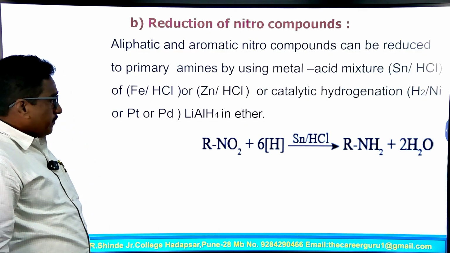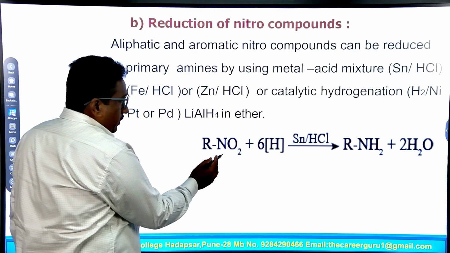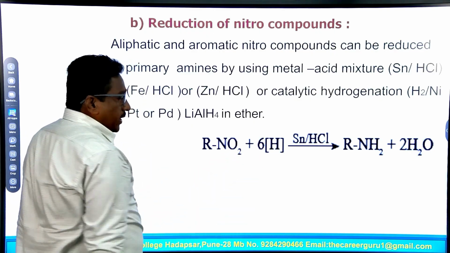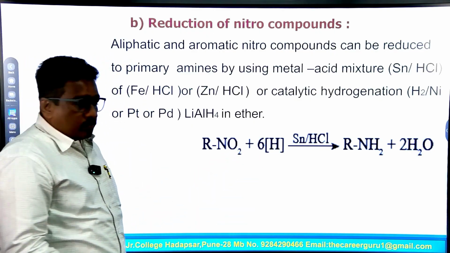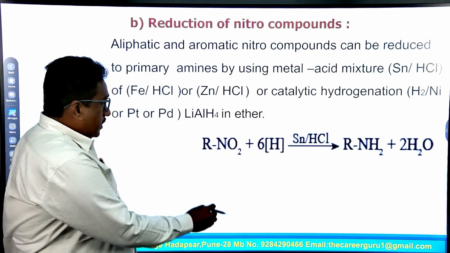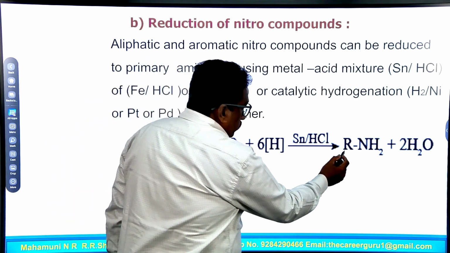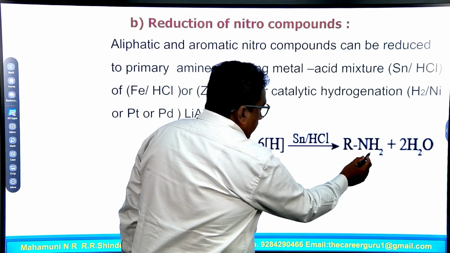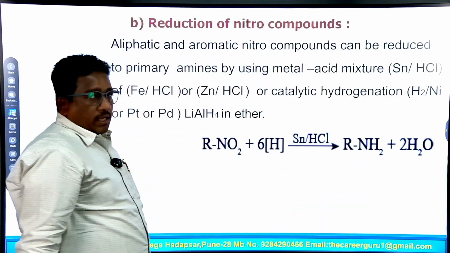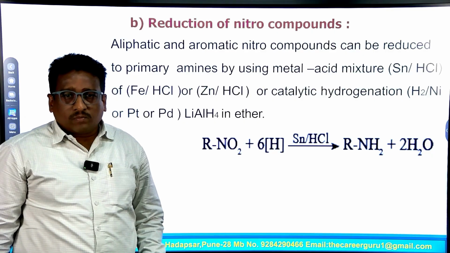For example, RNO2, a nitroalkane, reacts with 6 nascent hydrogen atoms produced from Sn and HCl, with removal of 2 oxygen atoms by hydrogen, to form RNH2, a primary amine, plus 2H2O. So, this is the example of reduction of nitro compound.